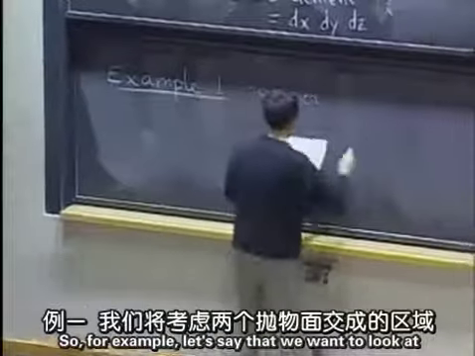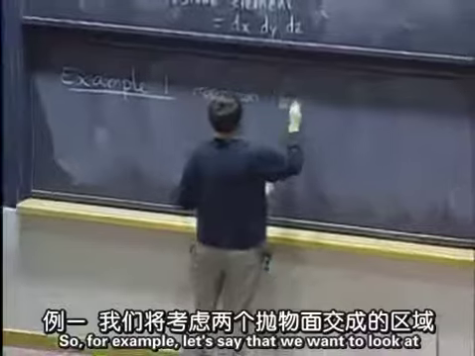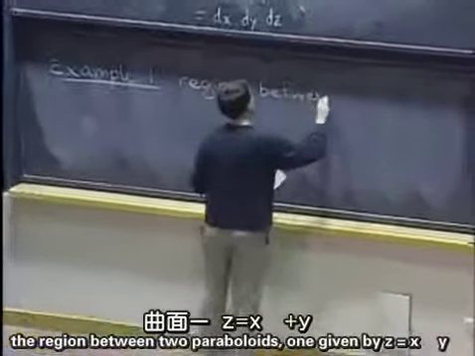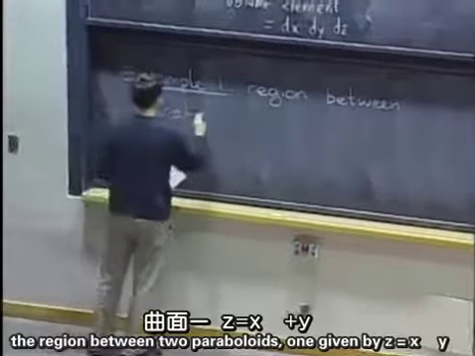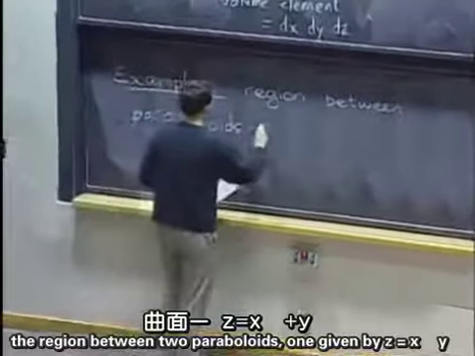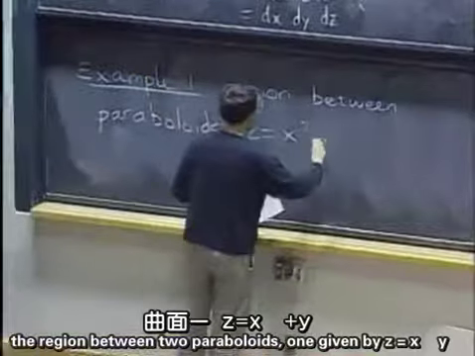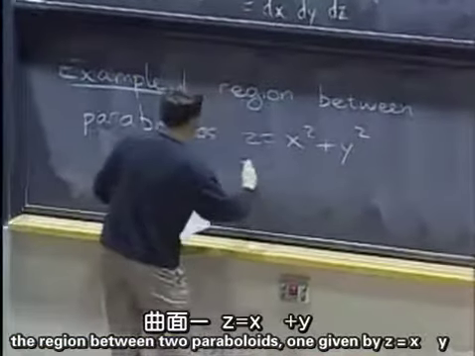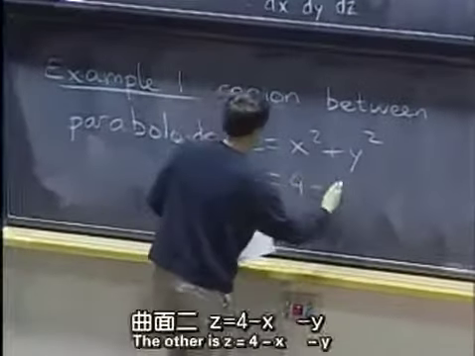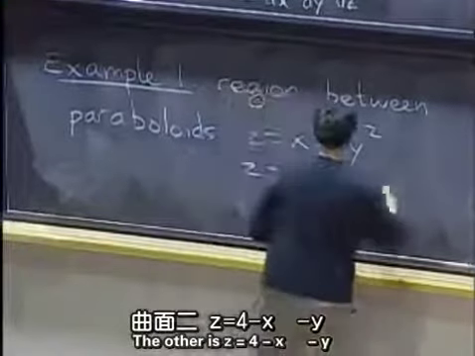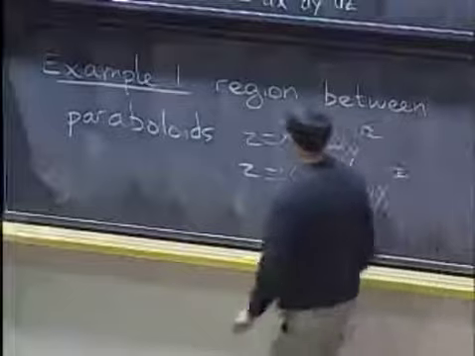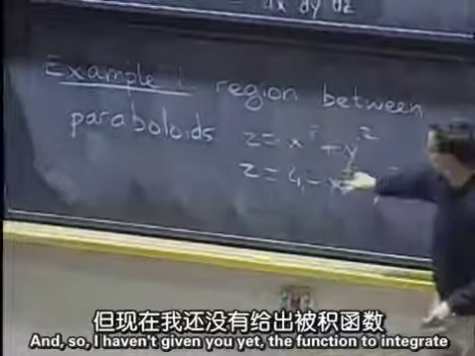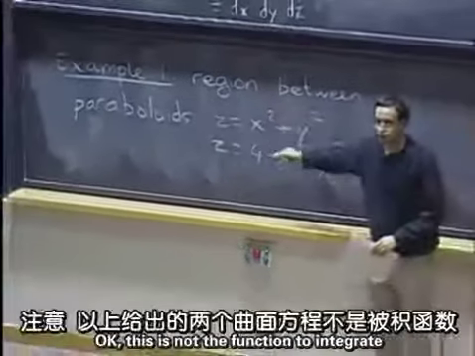So for example, let's say that we want to look at the region between two paraboloids. One given by z equals x squared plus y squared. The other is z equals 4 minus x squared minus y squared. And so I haven't given you yet the function to integrate. This is not the function to integrate.